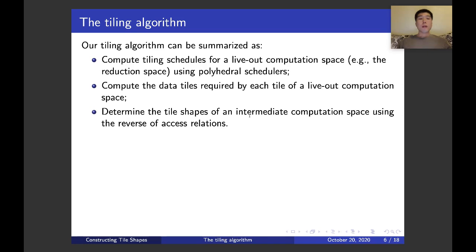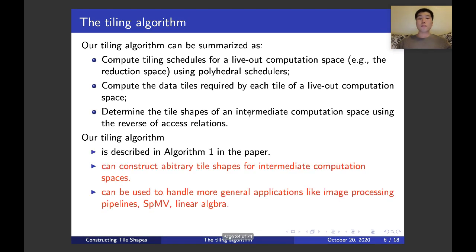In summary, our tiling algorithm can be summarized using the following steps. First, it computes a tiling schedule for a live-out computation space, and then it computes the data tiles required by each tile of the live-out computation space. It finally determines the tile shape of an intermediate computation space using the reverse of access relations.